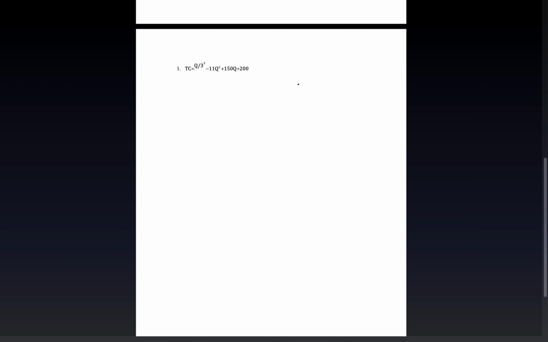So we know that it's the same demand and revenue. So we know (50 minus Q) times Q. So we'll do exactly the same. We'll do (50 minus Q) times Q, minus (Q cubed over 3 minus 110Q squared plus 150Q plus 200). Do that as a bracket.